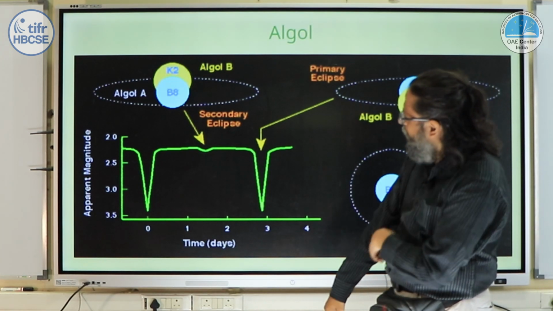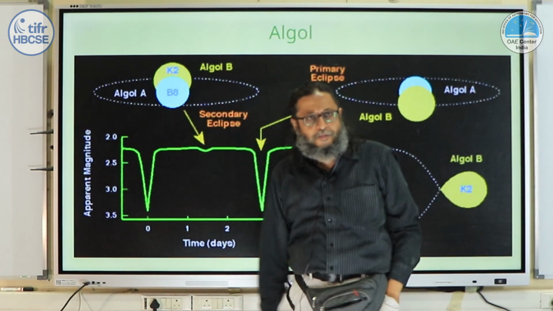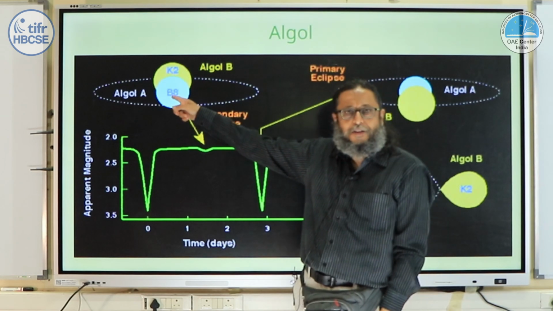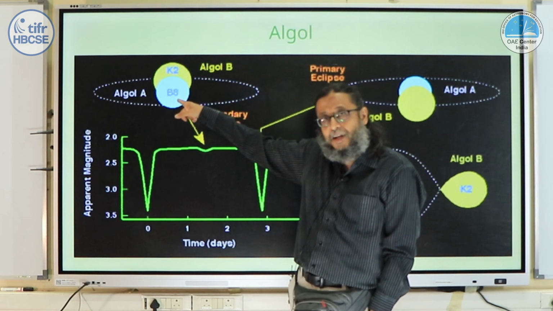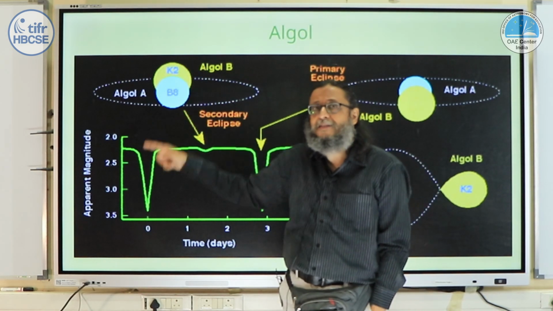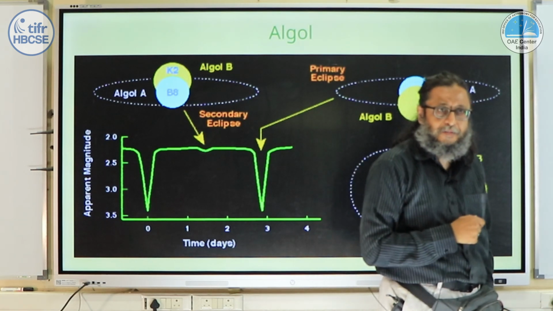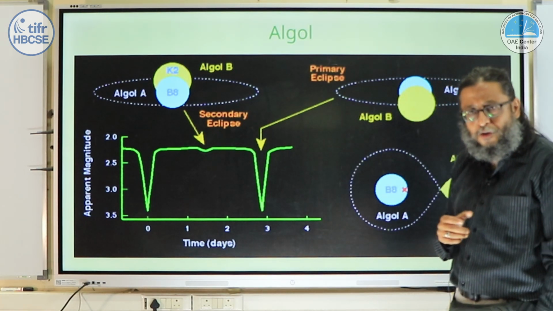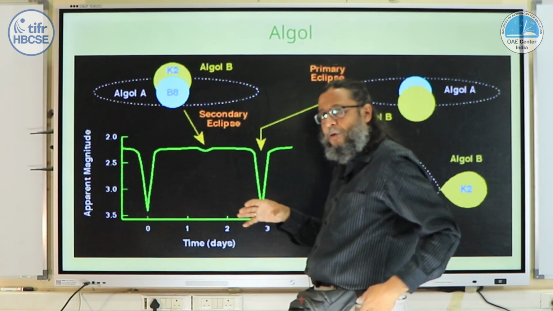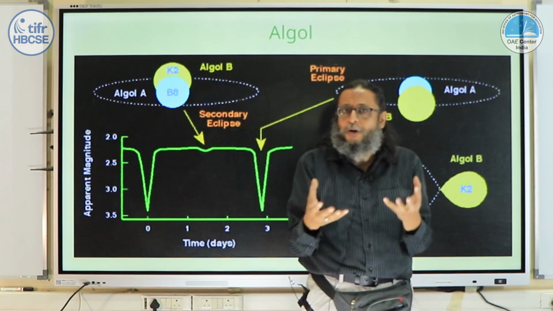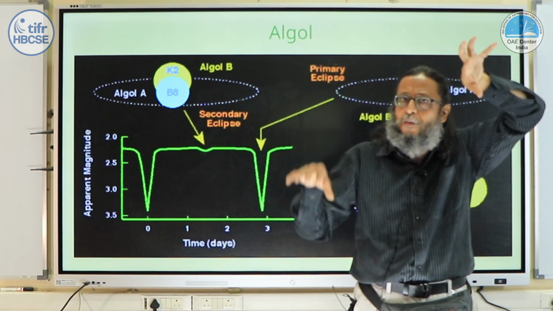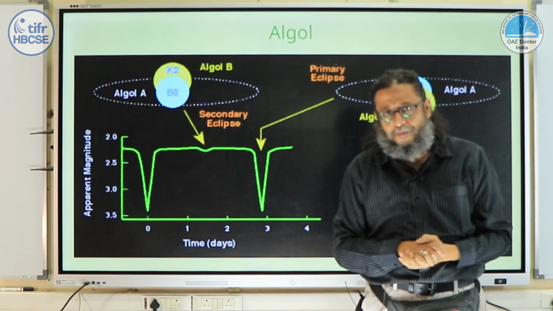Okay. This is a binary star system. You look at the classification. One is a B8 type classification. The other is K2 type classification. So, from the HR diagram, you should have an idea what the nature of a B8 star is, what the nature of a K2 star is.